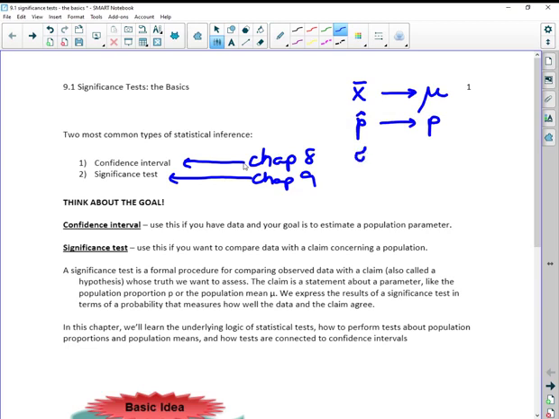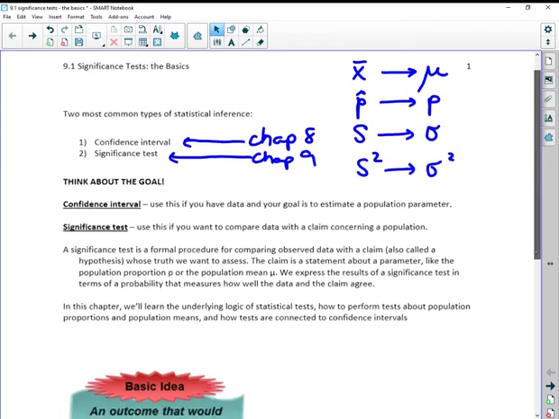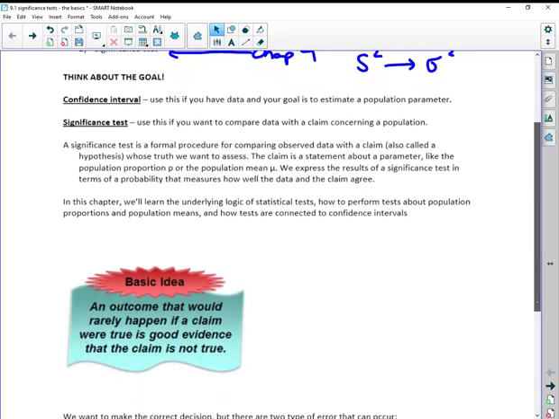We can compare that with other things as well, as long as we're comparing that sample statistic to a population parameter. So which one you decide to use is going to depend on your goal.